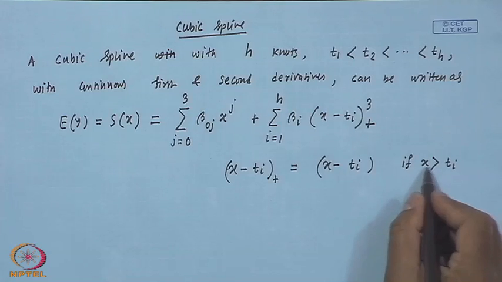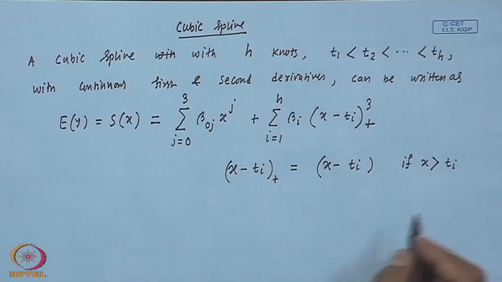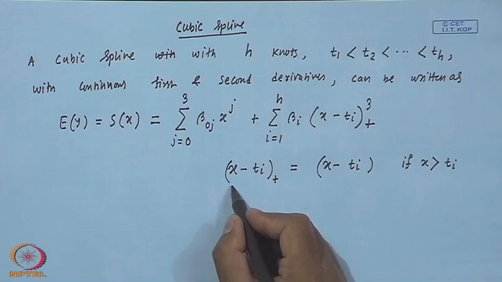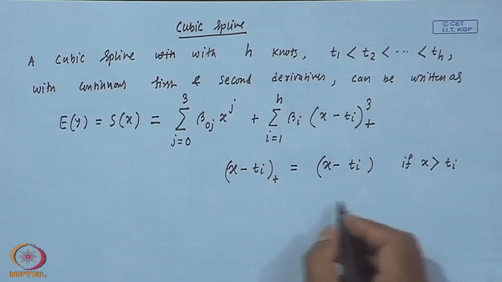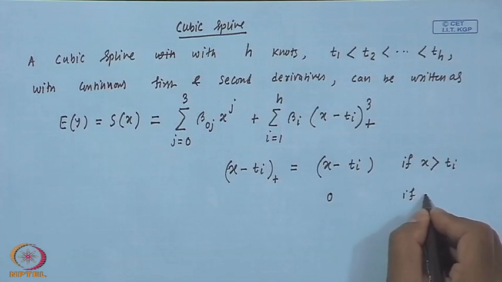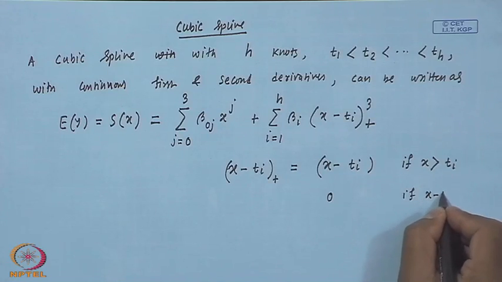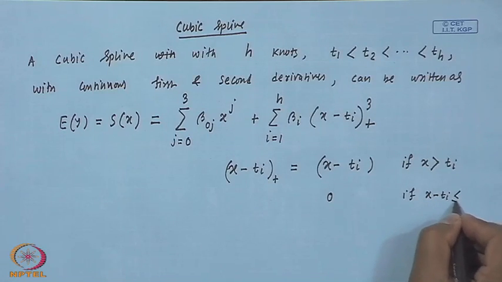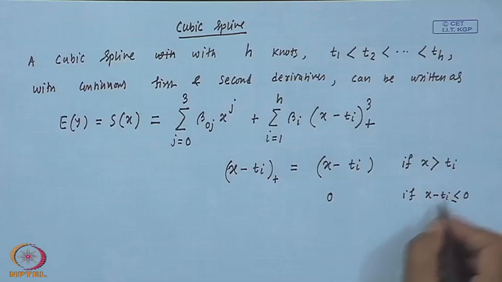That means if x minus t i is greater than 0, then this is x minus t i, and 0 if x minus t i is less than or equal to 0.